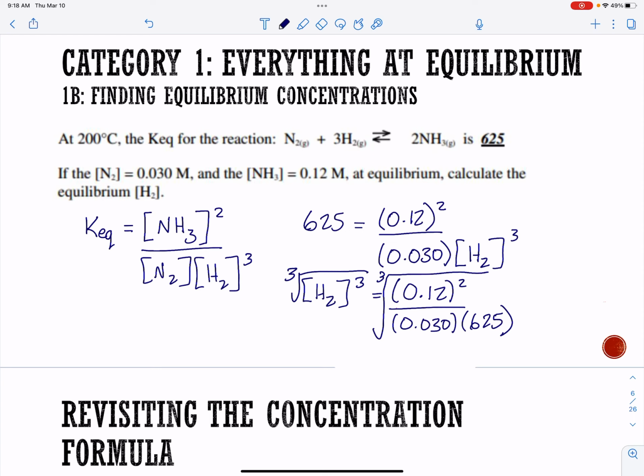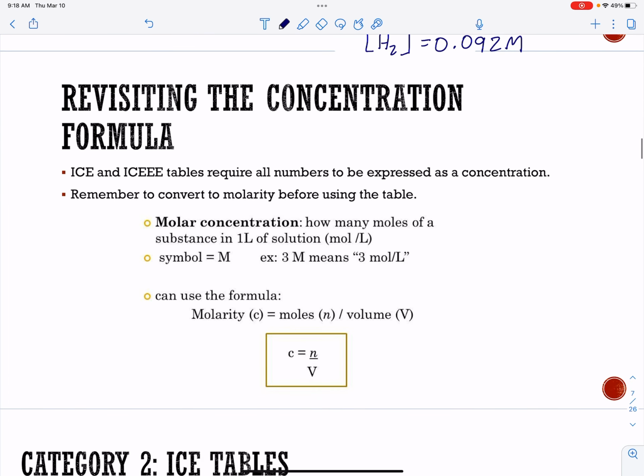If you're doing it all in one step, just remember your brackets. And I got a final concentration of hydrogen here equal to 0.092 moles per liter. So if you didn't get that, maybe pause the video, see if you can work through your calculations. Make sure that everybody in the class is able to get that number in their calculator. And then we'll move on to the next.